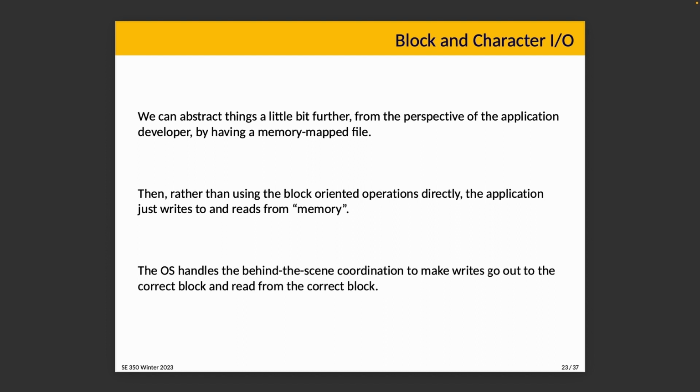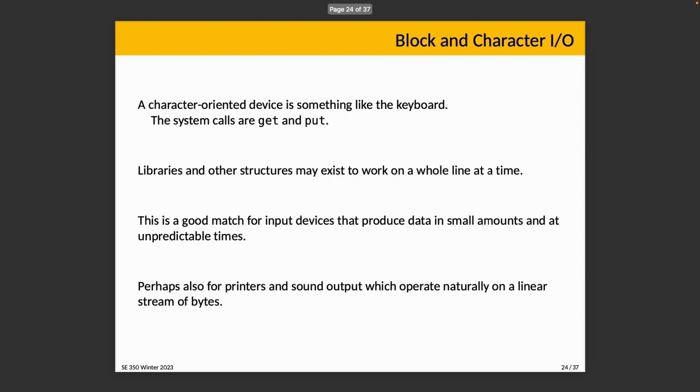Rather than using the block-oriented operations directly, the application reads and writes to and from "memory," and in the implementation, really that's just some behind-the-scenes coordination to make sure that when the data is written to a particular location in memory, we flush it out to disk as is appropriate for the request that we've been asked to handle. So that's nice.